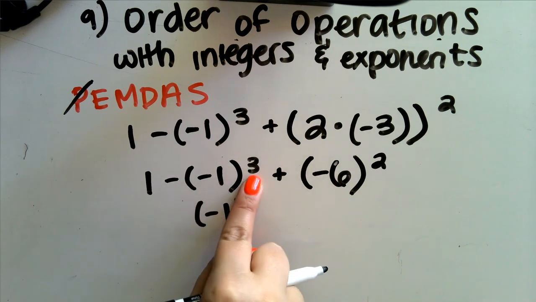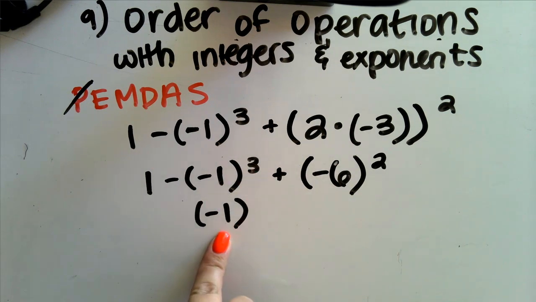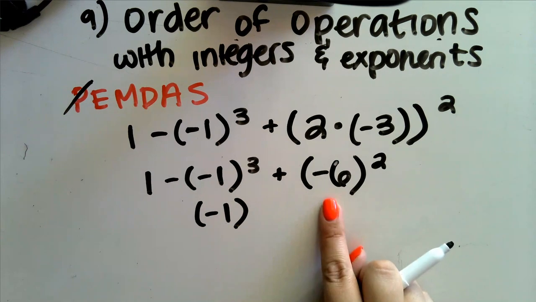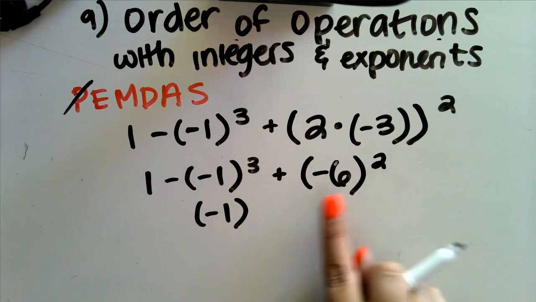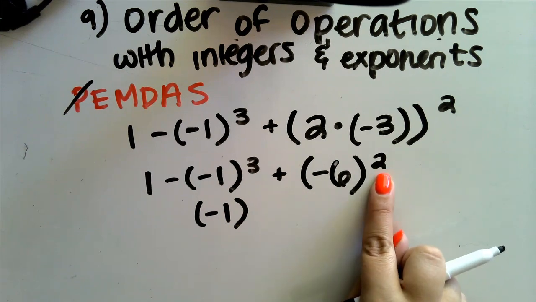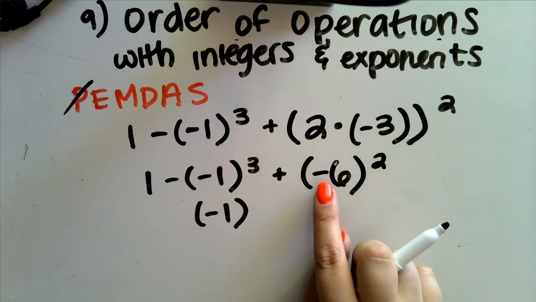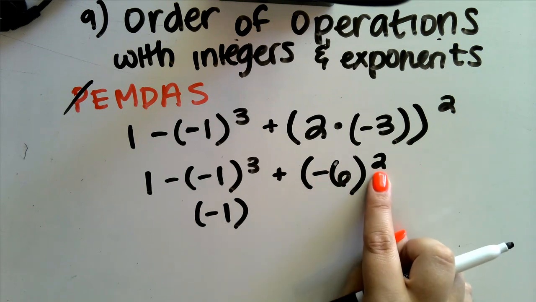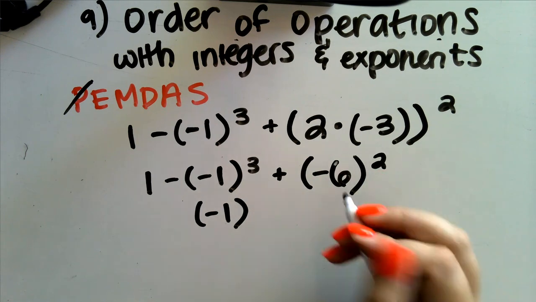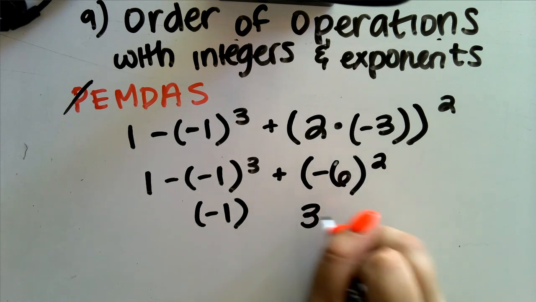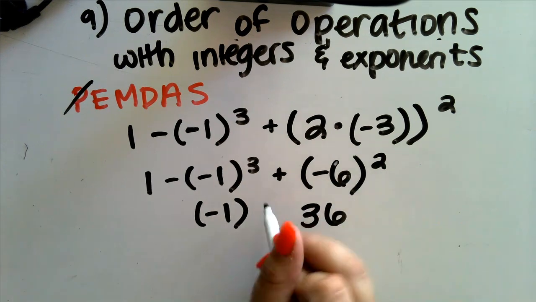Negative 1 to the third power is just negative 1. Now let's deal with our second exponent. Negative 6 to the second power is just negative 6 times negative 6. Negative times a negative is a positive. Remember this same rule, we have a negative sitting inside of our parentheses, and this time we have an even exponent, an even number of 2. So I know my result is going to be a positive 36.